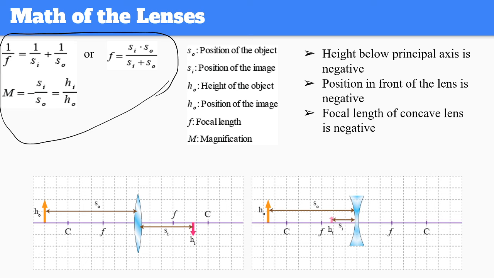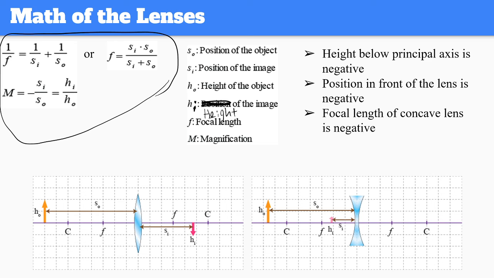But if we have it, I'm going to show you how to solve those. Alright, again, one correction needed: that needs to be not position of the image, this is going to be the height of the image, and this is not HO, this is HI.